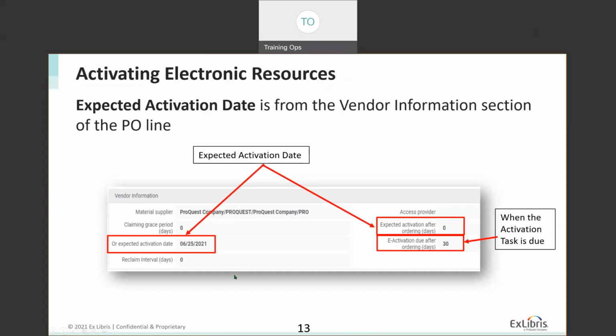That's where the data comes from. If you have manually entered in an expected activation date on the PO line, this will override these dates over here. Alma will look at this first.